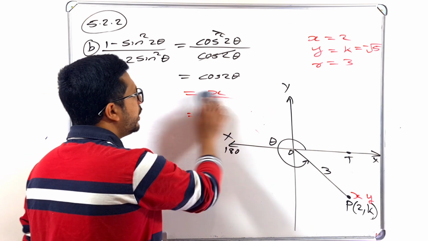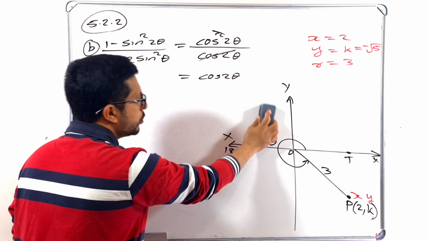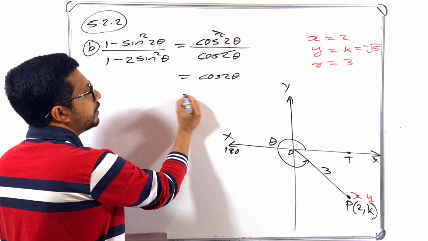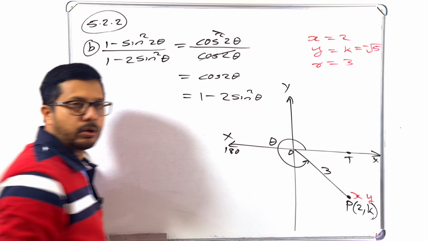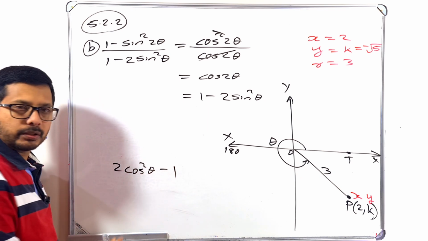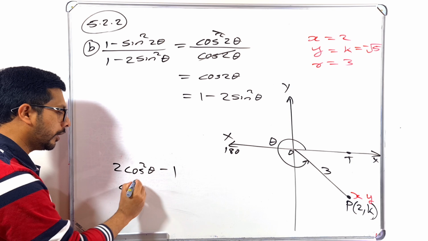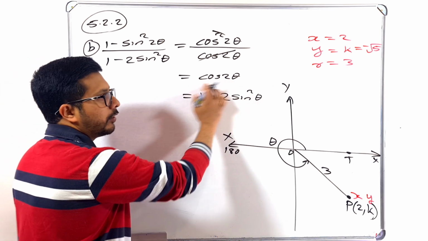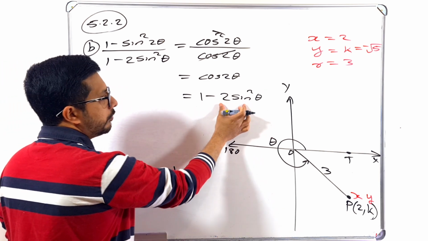Let me write 1 minus 2 sine square theta. Or you can write 2 cos squared theta minus 1, then substitute the value of cos theta. Or cos squared theta minus sine square theta. All of these are different expansions for cos 2 theta.